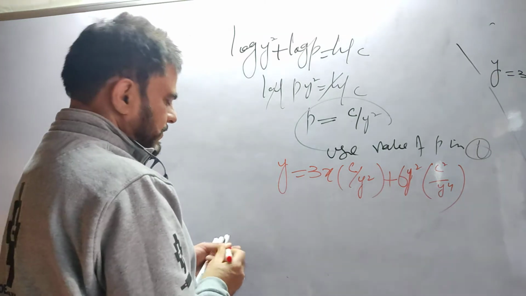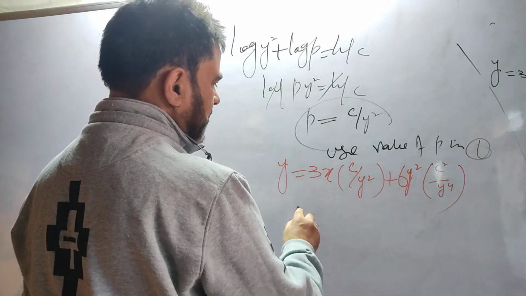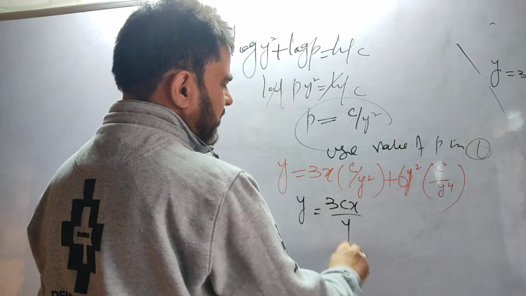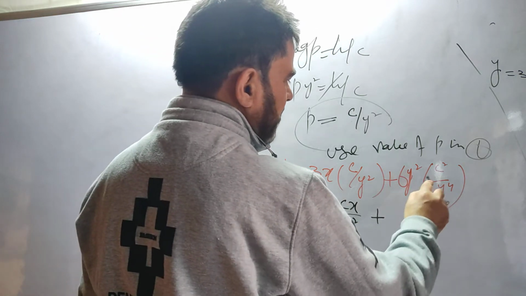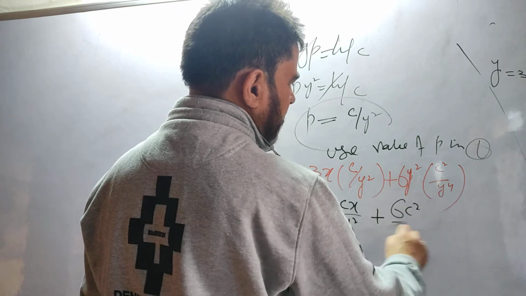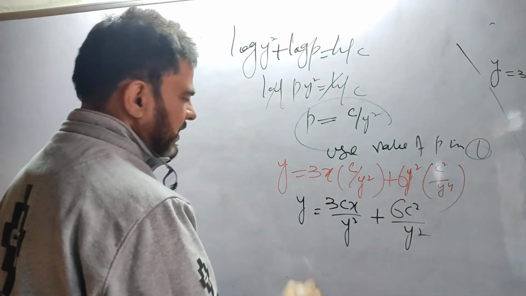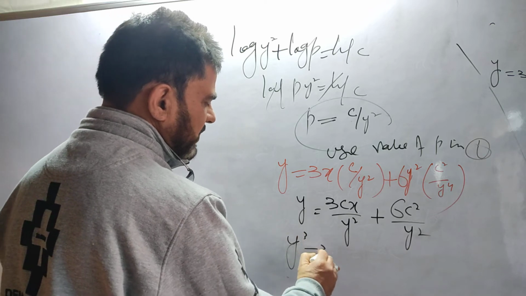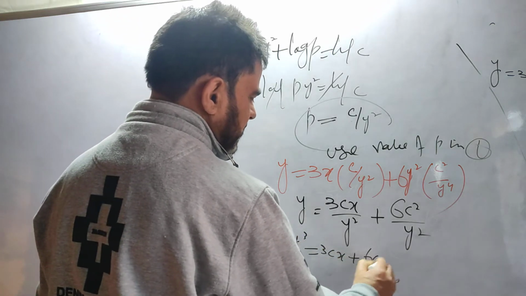And what is its solution? Its solution is y is equal to 3cx by y square plus 6c square by y square. That means y cube is equal to 3cx plus 6c square.